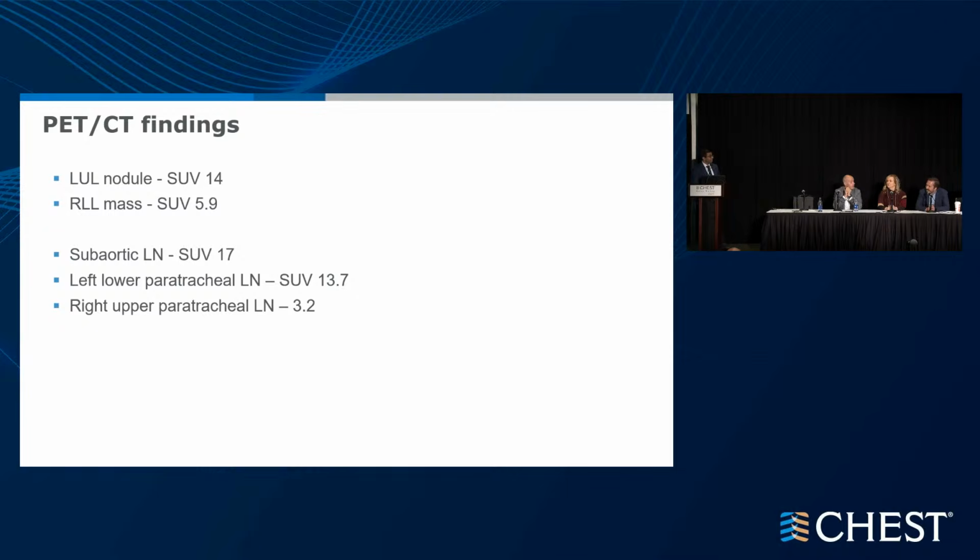What would you do? I was waiting for that. I think I would start with sampling the right paratracheal lymph nodes. We use rapid on-site evaluation. And if that's positive for tumor, I would change the needle and go to the left-sided lymph nodes.